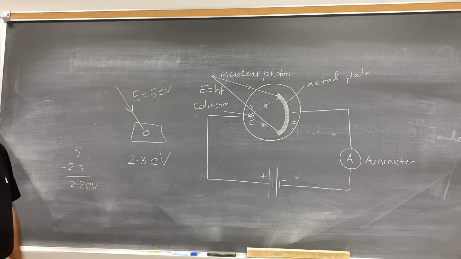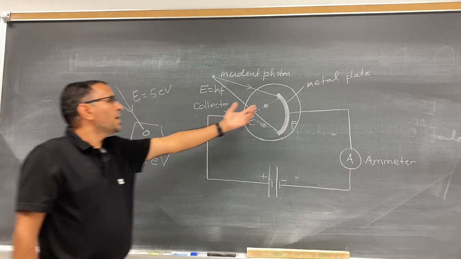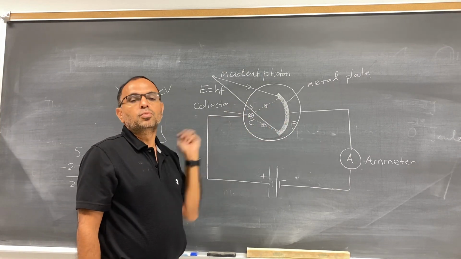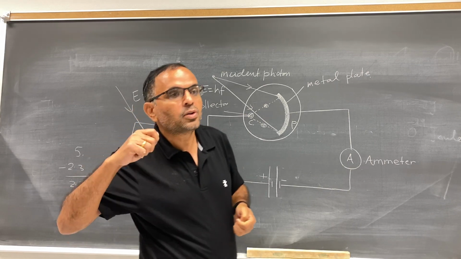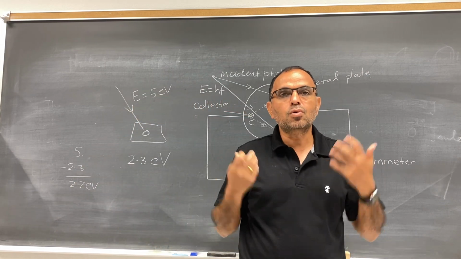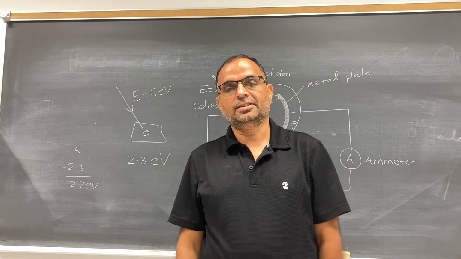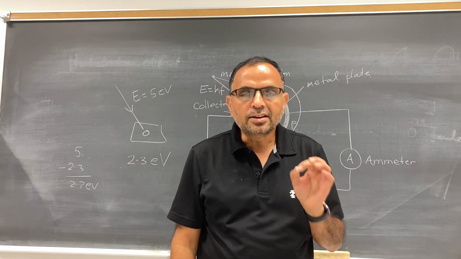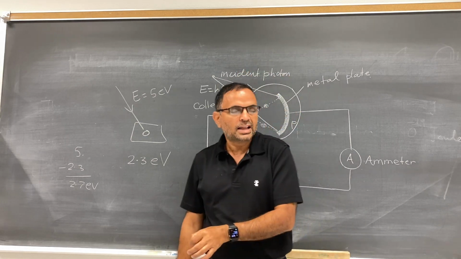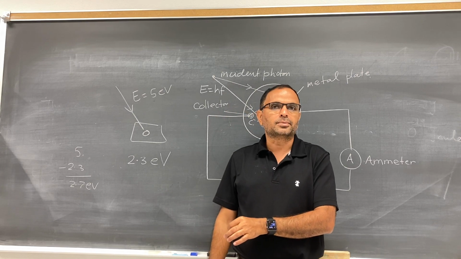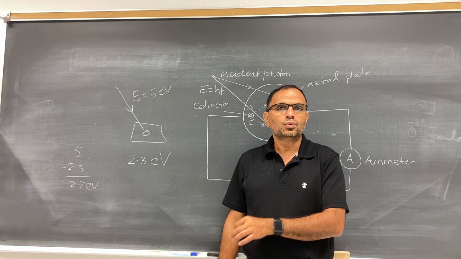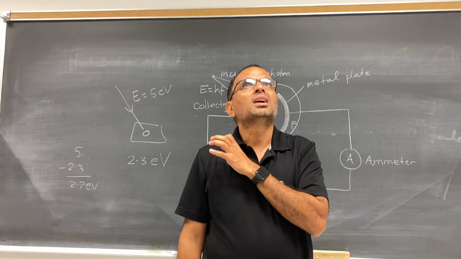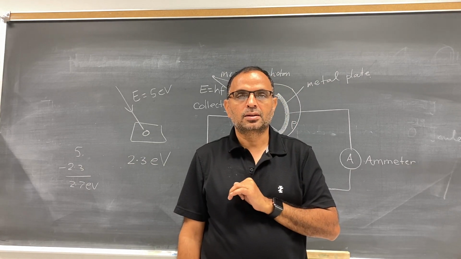So what happens to this energy? This energy is absorbed by the photoelectron and it moves. If the particle moves, it has kinetic energy. Energy associated with motion is kinetic energy, 1/2 mv square. We talk about that in chapter 6 or 7 in mechanics.